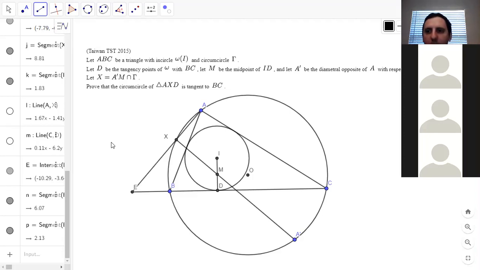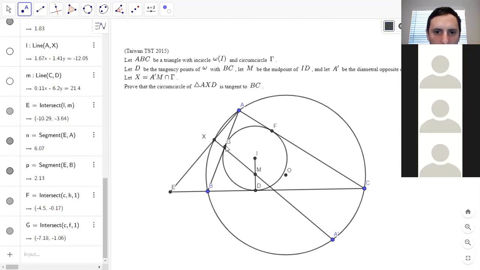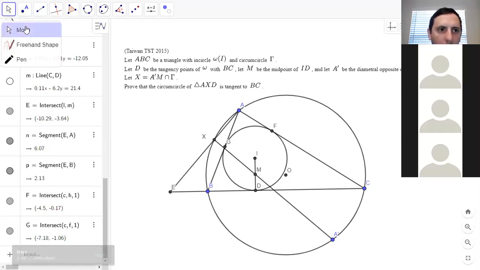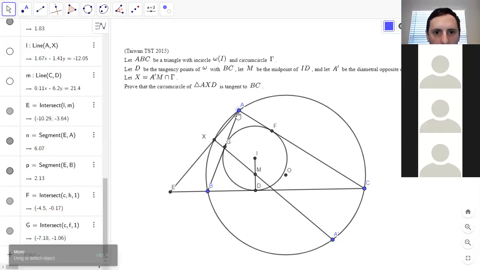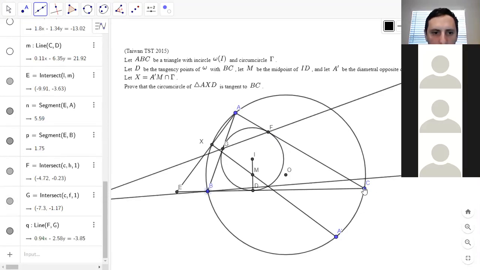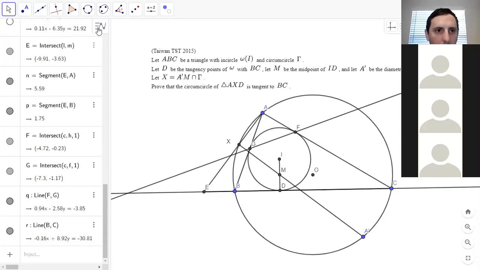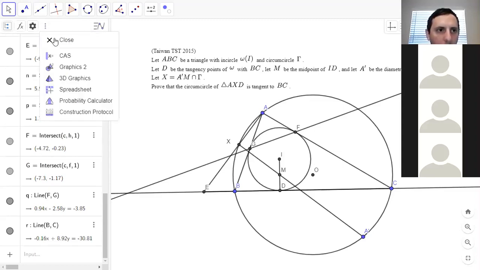Michael, if you let the incircle touch AB and AC at 2 points, and you let FG cut BC at a point, yeah.